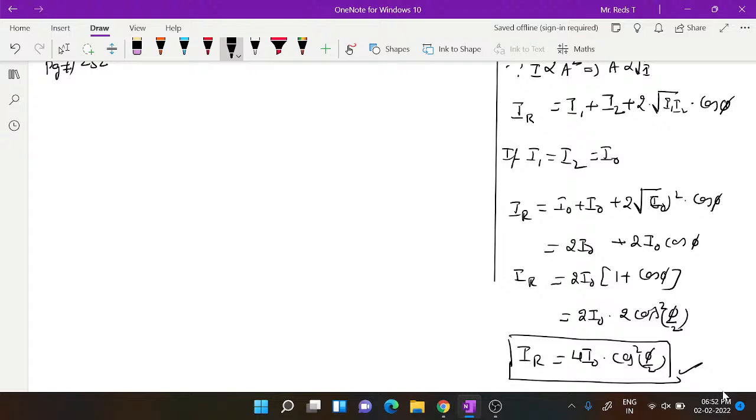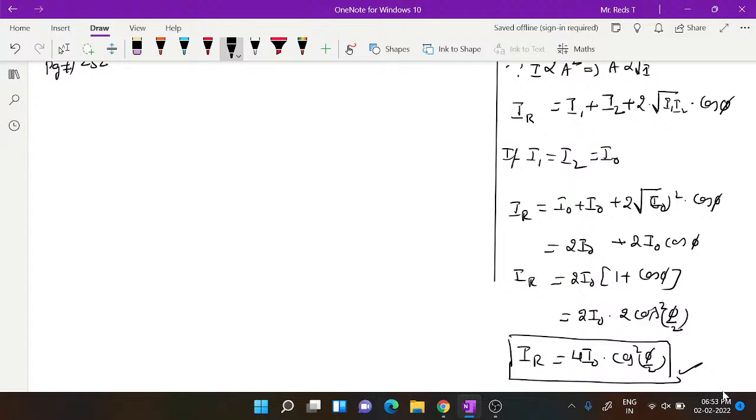Phi is phase difference between two waves. If the phase difference is zero or integral multiples of 2 pi, then you will get maximum intensity.